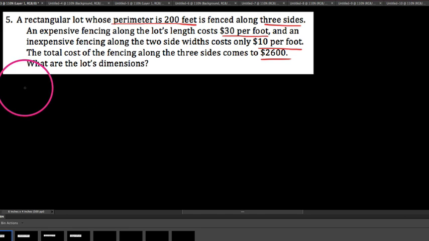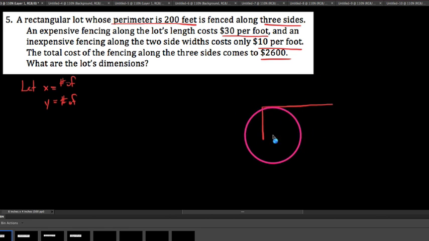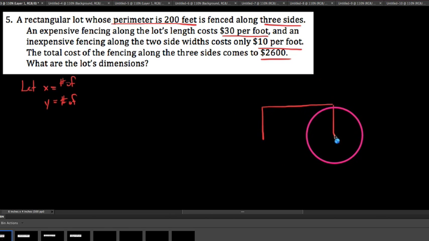Let's start with defining our variables here. When we talk about the dimensions, this is a number of something that we're trying to find. We're being told that we have a rectangular lot, so imagine this lot as being a rectangle. I'm going to put this in two different colors because it was fenced along three sides.